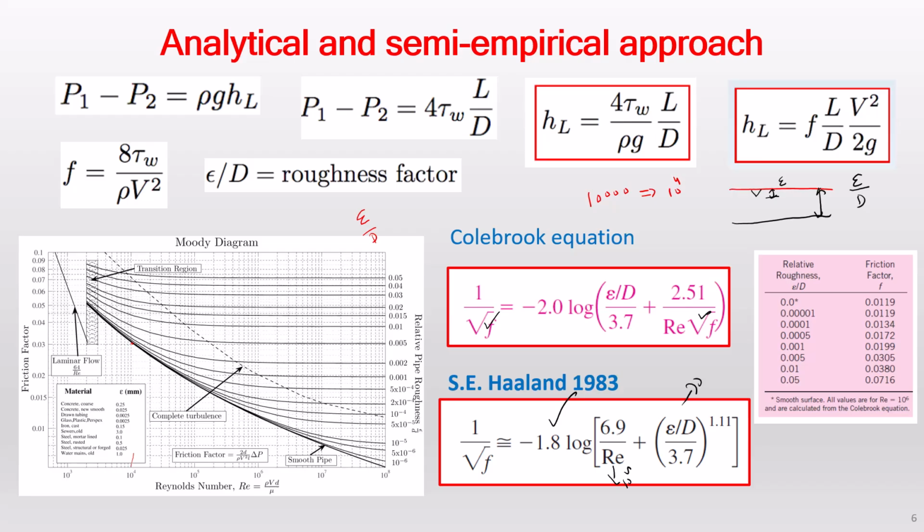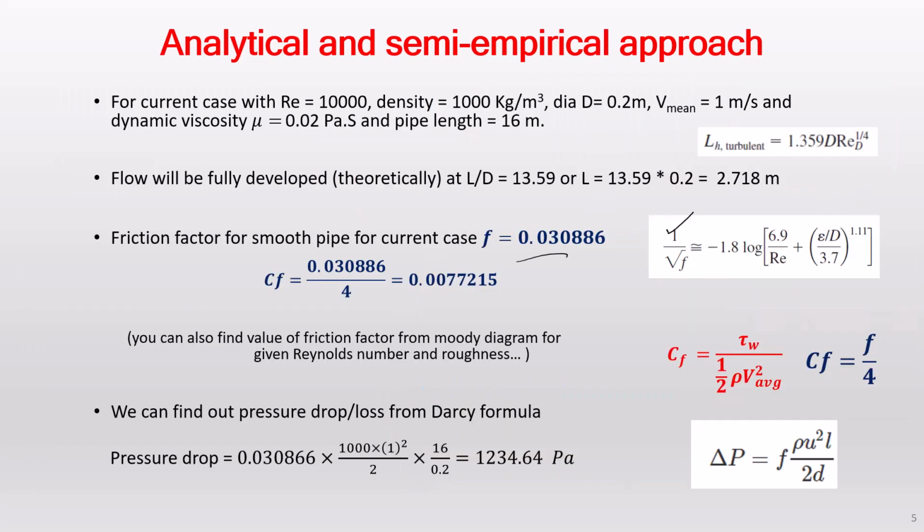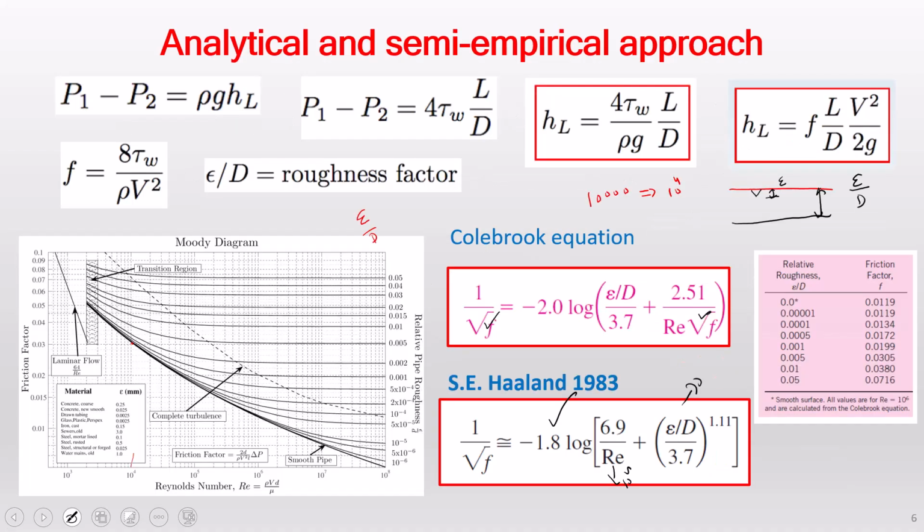Take 6.9 divided by 10,000, then take the natural logarithm, multiply by 1.9, then invert, and then square. The value will become positive, and we get values like these. The same can be done with the other equation, but then you have to solve it numerically in Maple or MATLAB, or maybe in some online equation solver, but that is not to be solved on paper.